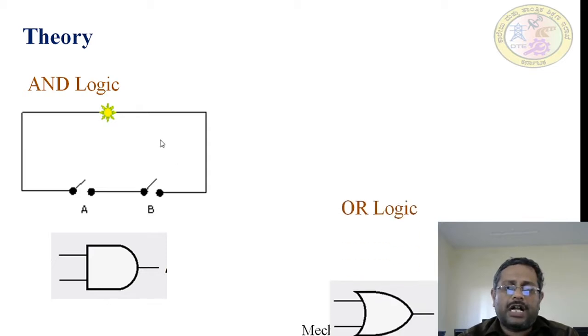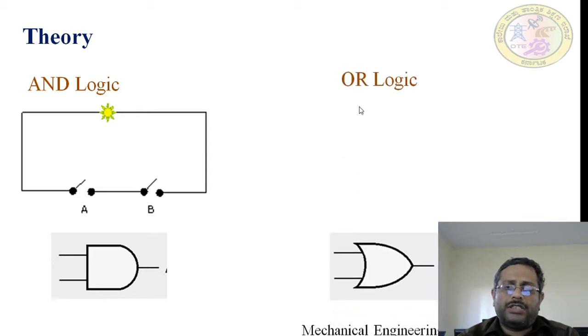Next is OR logic. We know OR logic is similar to arithmetic addition, like an OR gate. Here, the output will be high when any one of the inputs goes high. The output is low only when both the inputs are low, otherwise the output is high. This is the symbol for OR logic, that is the OR gate.